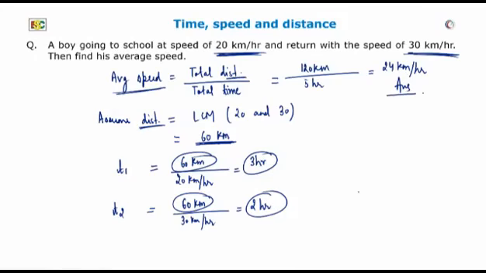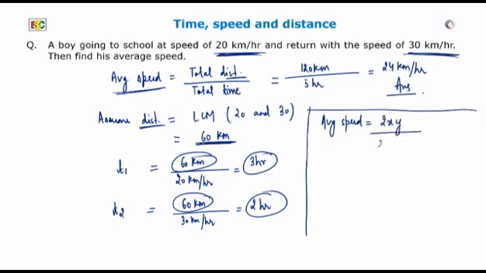You can also solve the same question by using the direct formula. You just have to remember the formula for average speed: 2xy upon x plus y, where x and y are the given speeds.